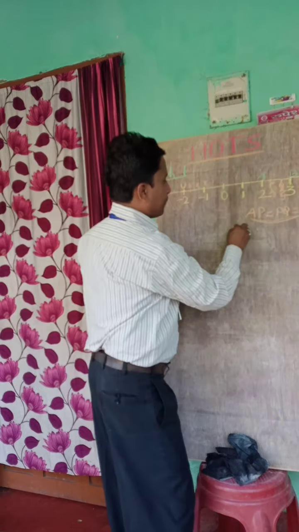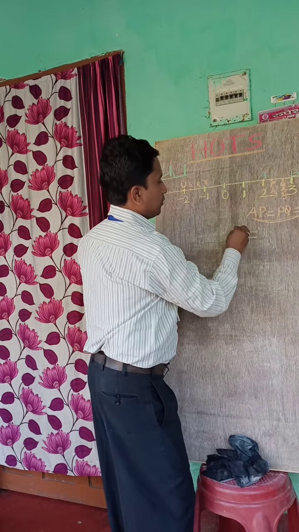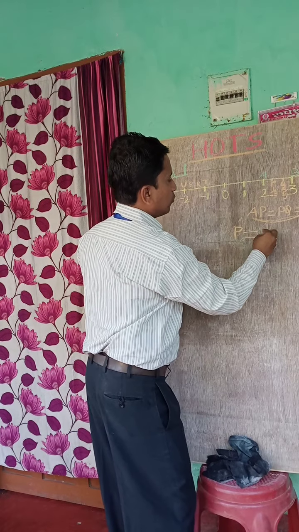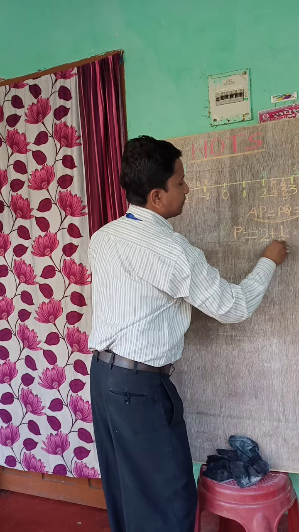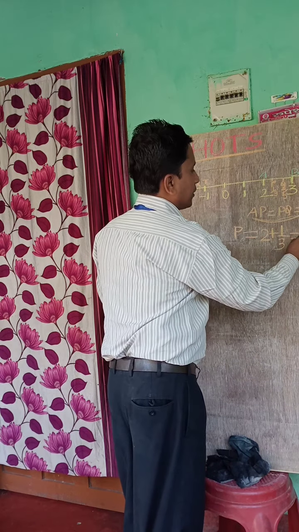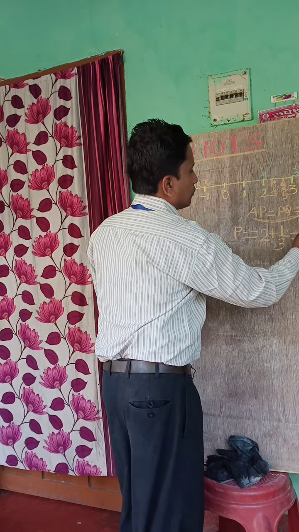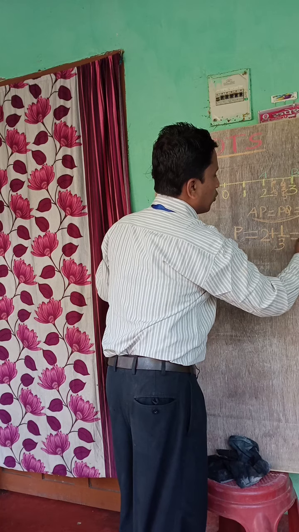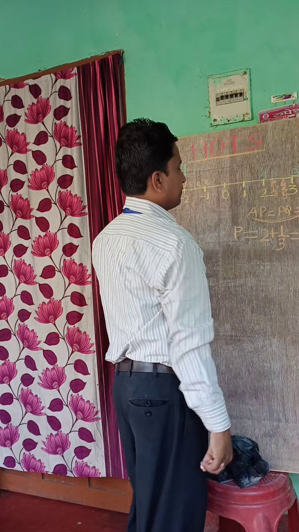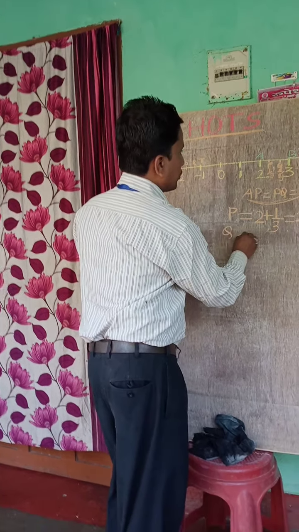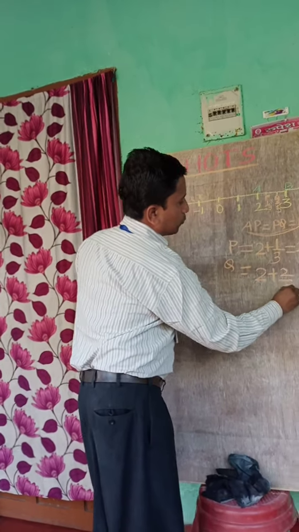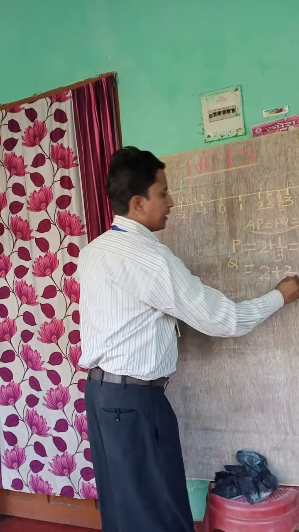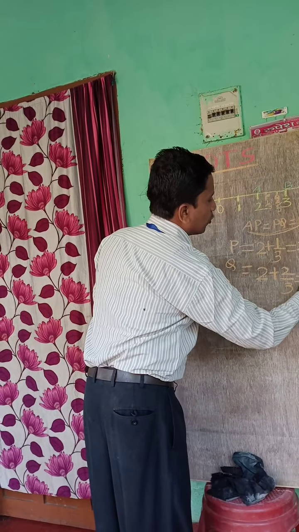Now the value of P equal to 2 plus 1 by 3 equal to 2 whole 1 by 3. Similarly, Q equal to 2 plus 2 by 3 equal to 2 whole 2 by 3.